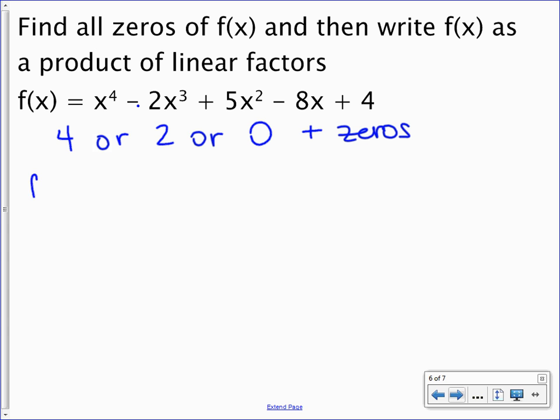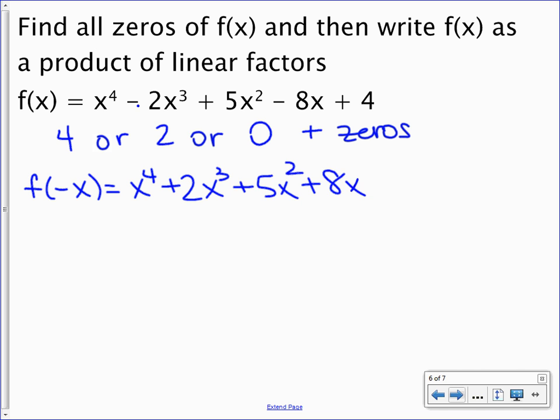If we look at f of negative x, how many sign changes are in f of negative x? None. Should we try any negative zeros? No.